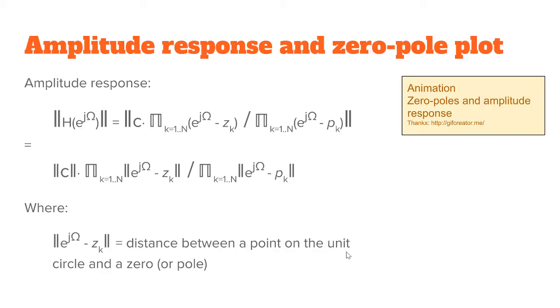When you do the magic and also mark z equals e^(j omega), what you get is the absolute value of b0 divided by a0, and then the product of e^(j omega) minus z_k divided by the product of e^(j omega) minus p_k.